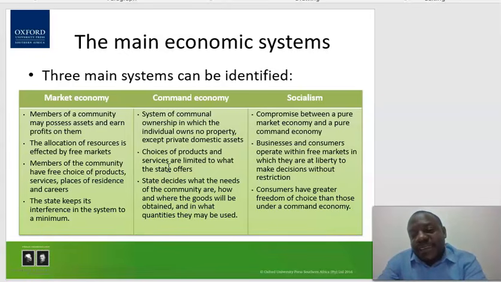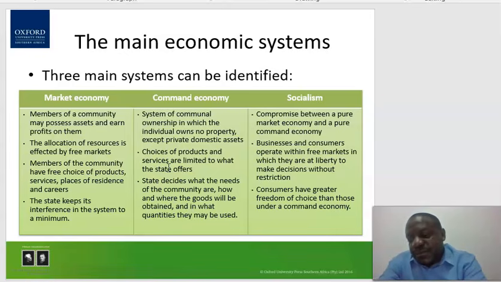Socialism is a compromise between a pure market economy and a pure command economy. Businesses and consumers operate within free markets in which they are at liberty to make decisions without restrictions, and consumers have greater freedom of choice than those under a command economy.